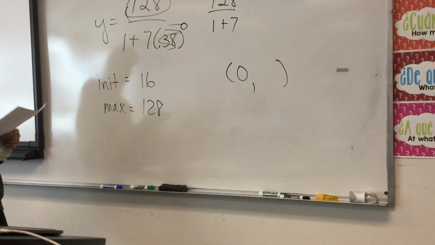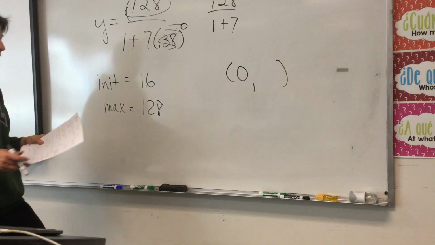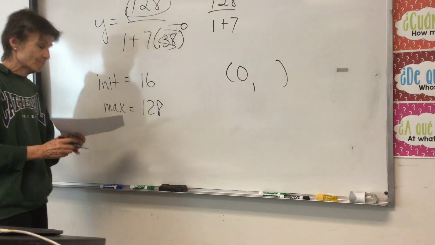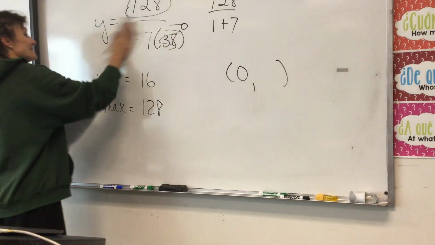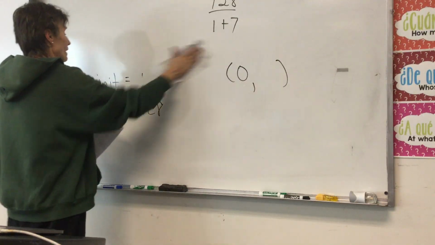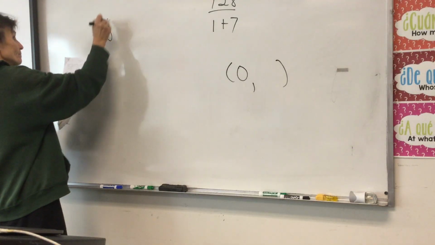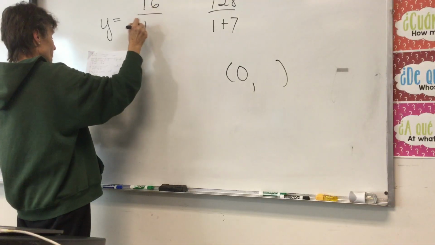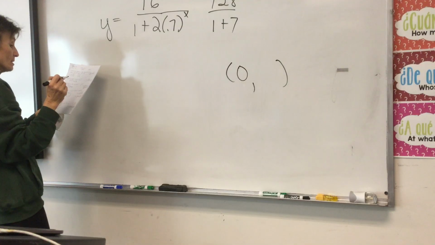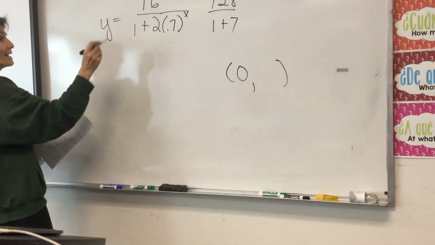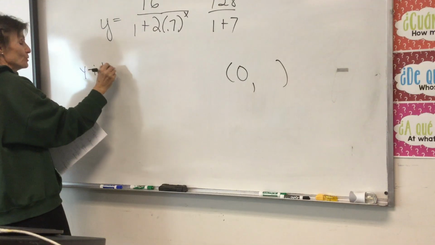So if we look at homework problem number 4, the questions are worded a little bit differently, but it's exactly the same idea. If our equation is 16 over 1 plus 2 times 0.7 to the x, then our y-intercept is the same as the initial value.